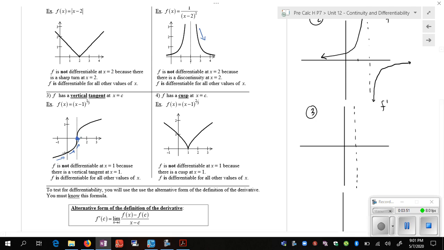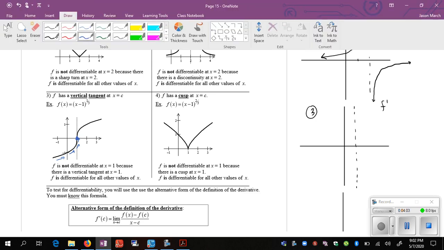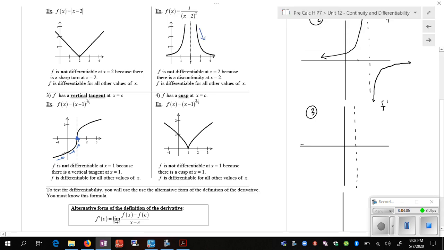The function's continuous, but the slope is not defined, right? What's the slope of a vertical line? Infinite. So this derivative graph is going to be kind of flat, close to 0, and then as it gets closer and closer to x equals 1, it goes off to infinity.